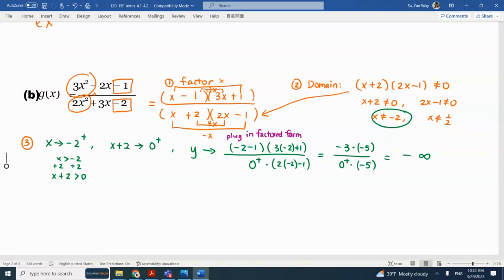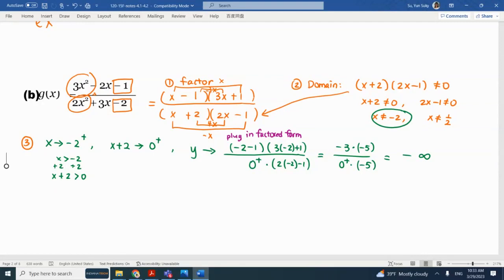Okay? This process might be new to you. So try to understand the process and do it. So we're trying to understand this process. What are we doing? You want to think about when x goes to -2. Where's -2? Right here. When x approaching -2, you want to figure out what's the y, right?